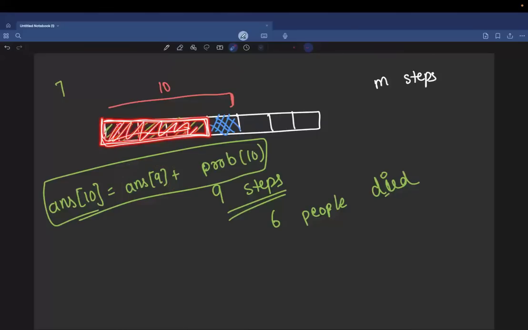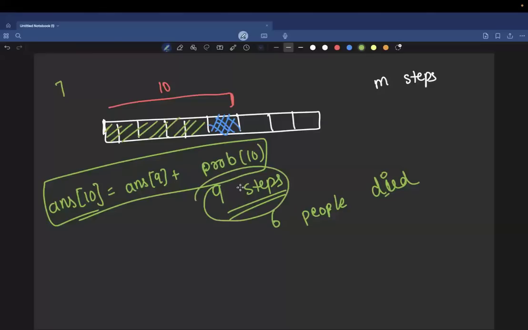And then you are adding the probability that the person would die on the 10th step. Now for someone to die on the 10th step, if there were n people, then n minus 1 people should have already died among the first 9 steps, and then on the 10th step the person must fall on the wrong place and die.